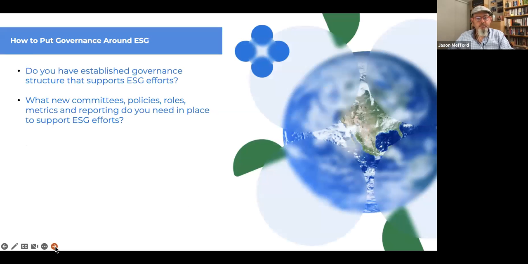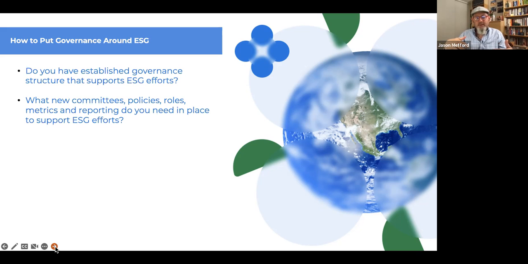So how do you put the governance? Well, again, do you already have an established governance structure in your organization? And you might, right? Because again, like we said, ESG is just the latest flavor of a lot of the things that are already in place. Are you already doing GRC? If you do, then you might have governance structures there that you can just use to accomplish your ESG efforts as well.